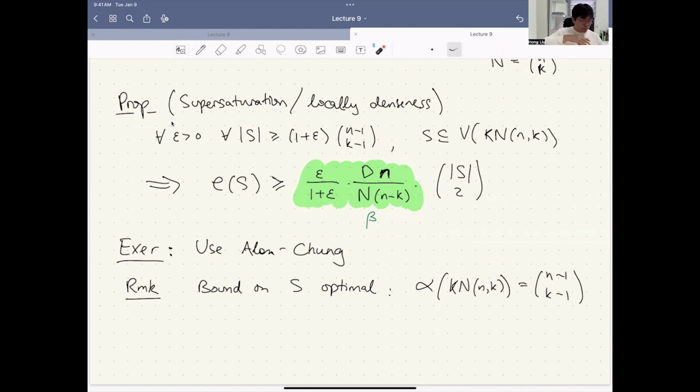All right. Now we have the local denseness verified. Let's apply Kleitman-Winston using this local denseness that we just proved to get a collection of containers for independent sets in the Kneser graph.